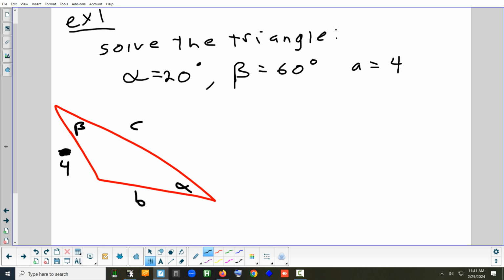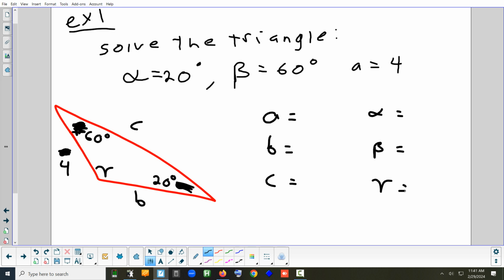Are we given B? No. C? No. Let's check the angles then. Alpha? Yes. That's 20. How about beta? 60. How about gamma? We don't have that, but we can figure that out rather easily because we have two of the angles.